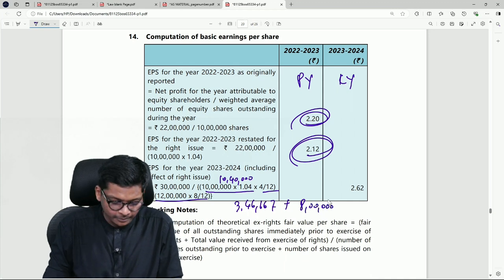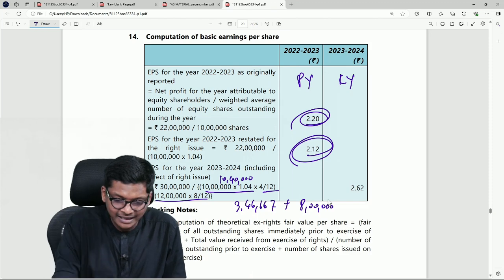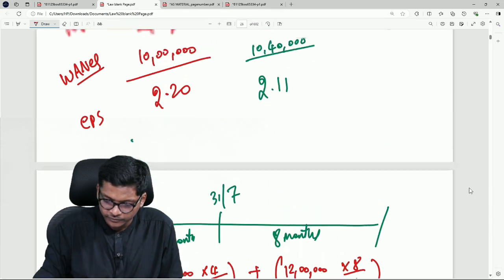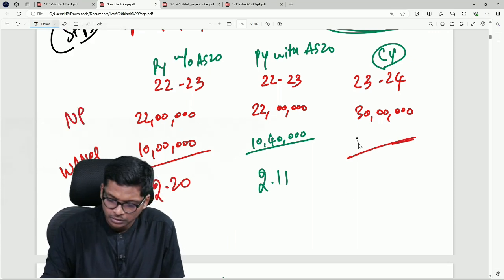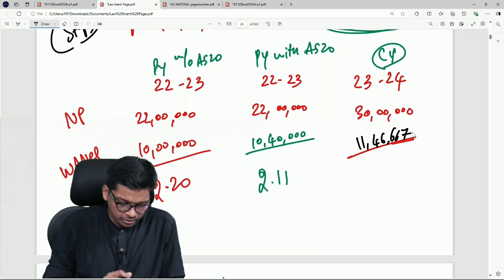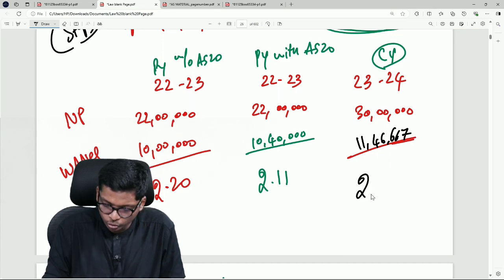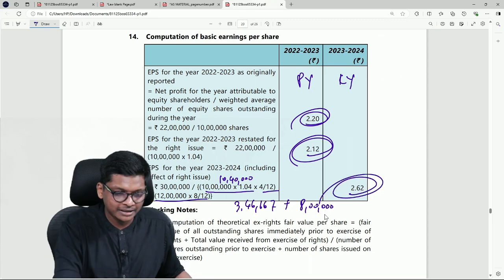So, your denominator will become totally 11 lakh 46,667 here. You will get 30 lakhs divided by 11 lakh 46,667. You will get 2.62 is your answer for your EPS.